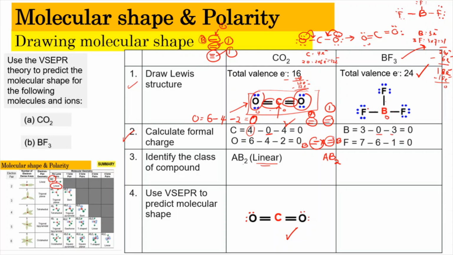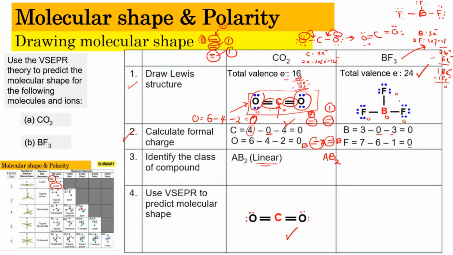For fluorine, all three are identical, so you only calculate one. The valence electron of fluorine is 7, minus 6 lone pair electrons, minus 1 bonding pair, so the formal charge of fluorine is 0. So 0 at all terminal atoms, and you know your structure here is correct.